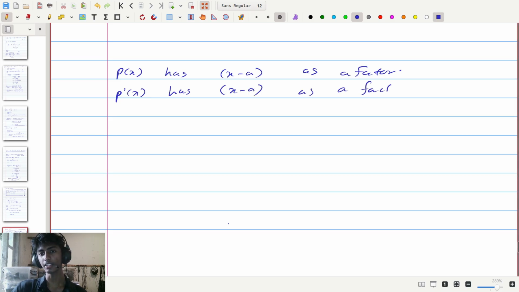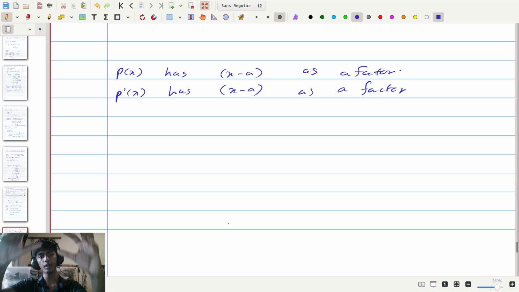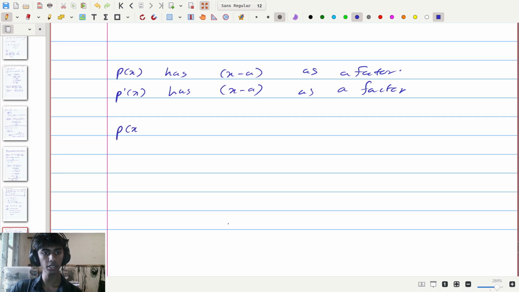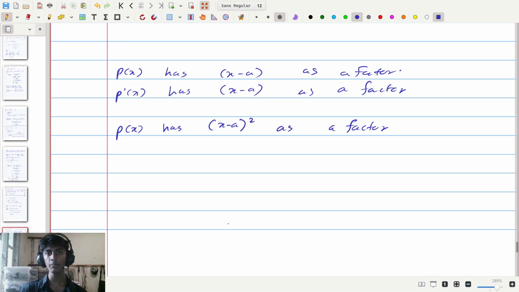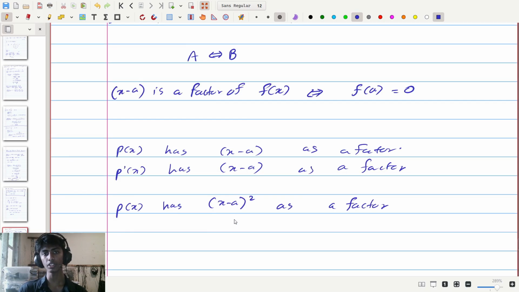And then you can use the factor theorem that we learnt above to prove something based on this. In this case, what we are expected to prove, I remember this was there in the 2025 A-level paper, is that p(x) has x minus a squared as a factor or something like this. So questions like this come from this part of the syllabus.